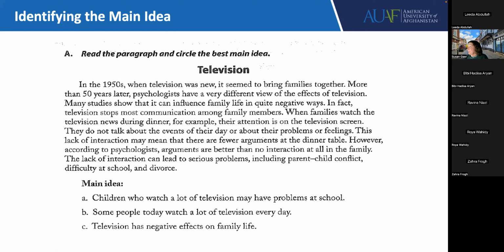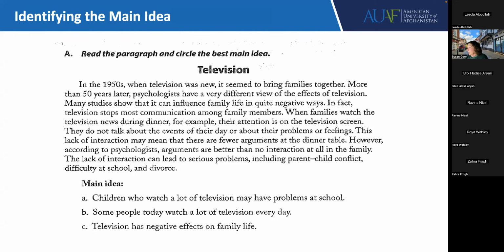Television. In the 1950s, when television was new, it seemed to bring families together. More than 50 years later, psychologists have a very different view of the effects of television. Many studies show that it can influence family life in quite a negative way. In fact, television stops most communication among family members. When families watch the television news during dinner, for example, their attention is on the television screen.